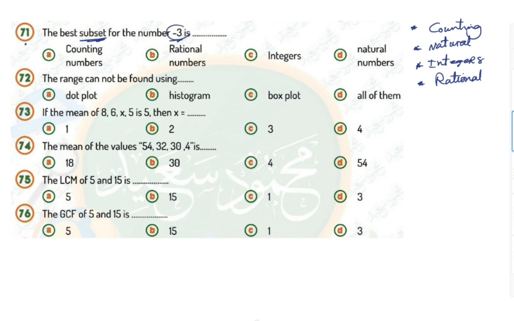Okay, look, does -3 belong to counting? No. Does -3 belong to natural? No. Does -3 belong to integers? Yes. So integers is the best subset.